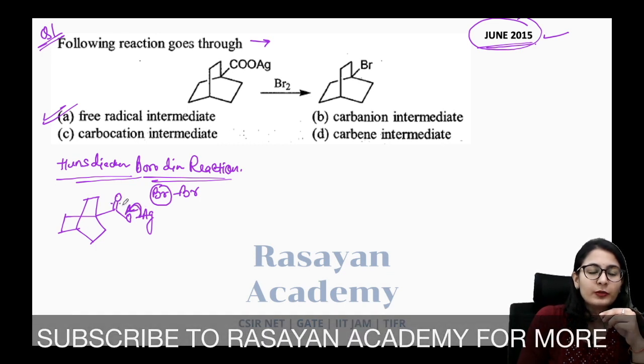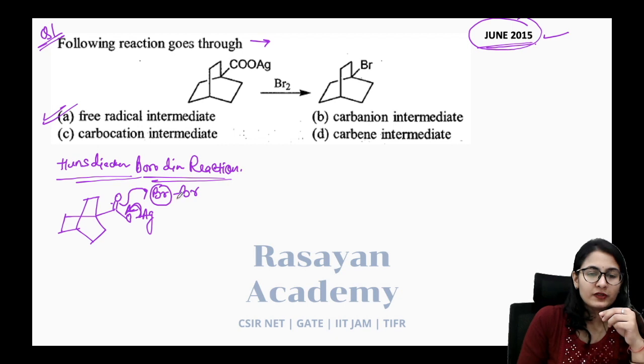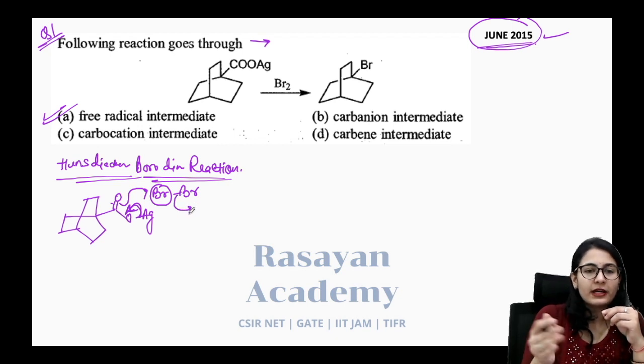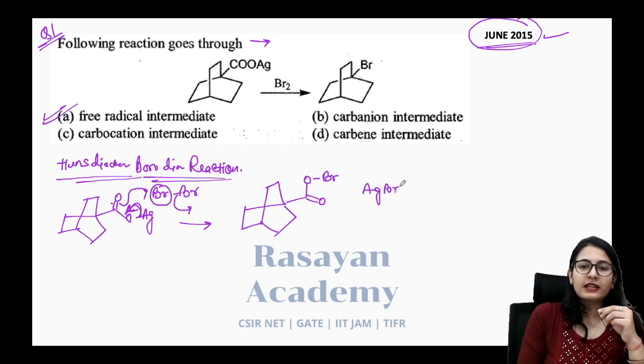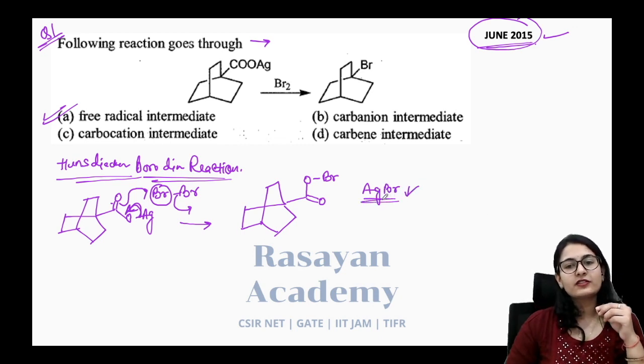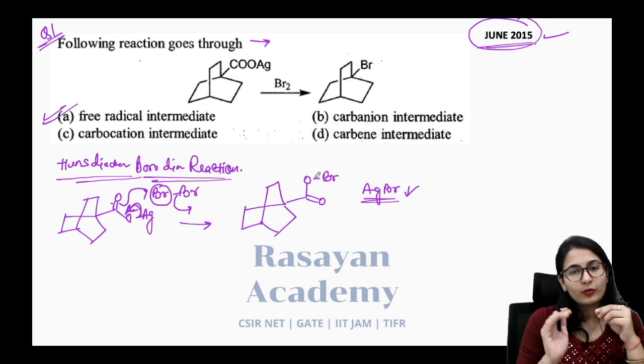The carboxylate group is going to attack the Br positive, and Br minus is going to leave. So what is the overall reaction? You are going to have one COOBr bond like this, and one AgBr has been precipitated. This is your precipitate, and this is your oxygen bromine bond.